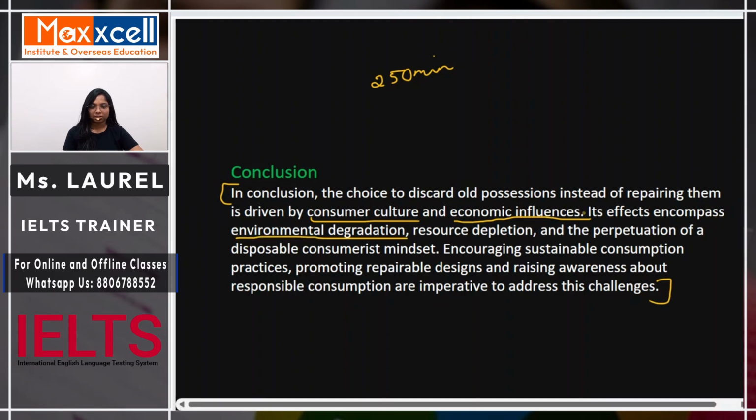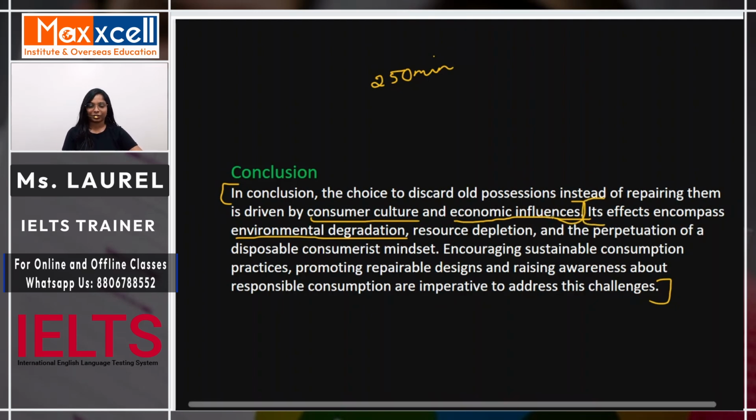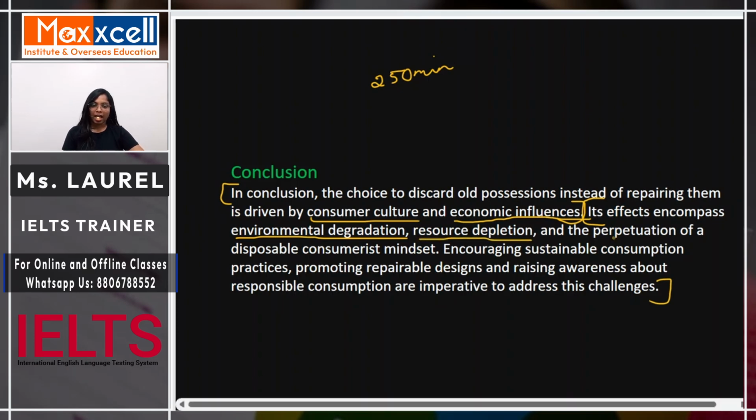So here you can see this part was the factors causing it and this part is the effects. That is the second part of the question. It affects and encompasses environmental degradation, resource depletion, and the perpetuation of a disposable consumerist mindset. So now these are the factors, these are the effects.